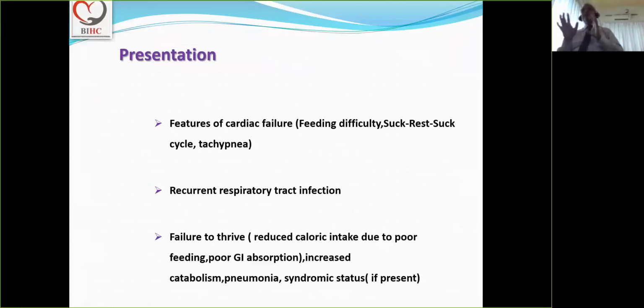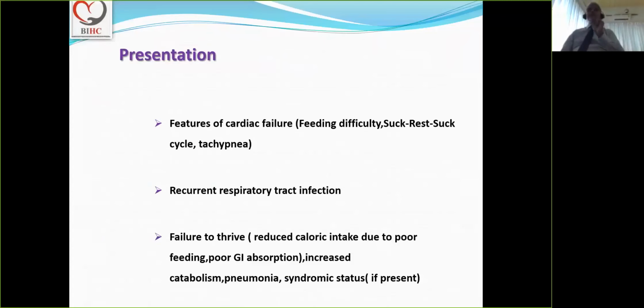So features of cardiac failure would manifest as feeding difficulties and tachypnea. They may also get recurrent respiratory tract infection. Remember, recurrent respiratory infection is more likely to occur in a VSD or a PDA or an AV canal rather than in an ASD.